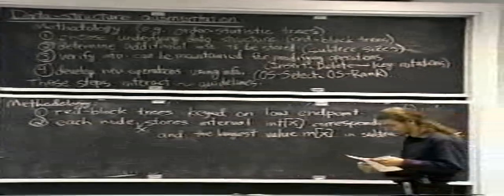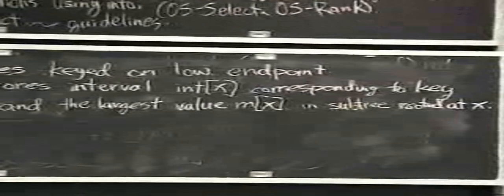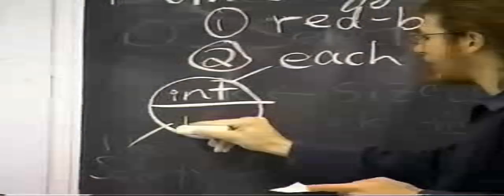Okay, so let's do an example. I should give you some notation. When I draw a circle, that's a node. And we'll split it so that the interval of x is on the top and m of x is on the bottom.